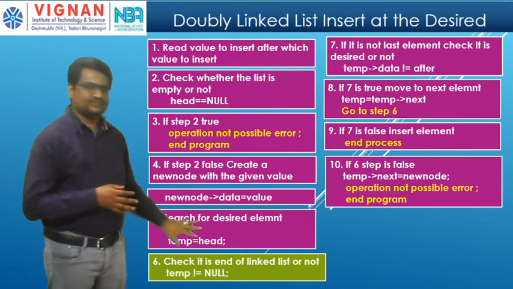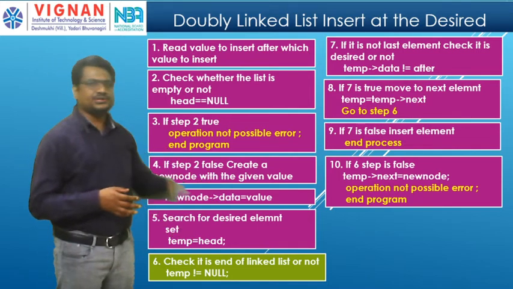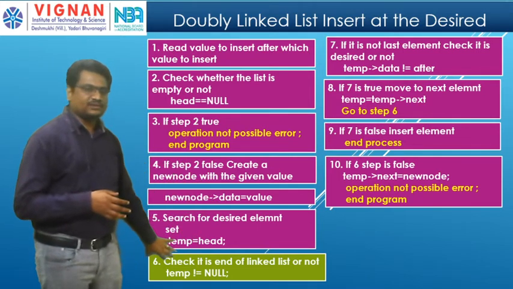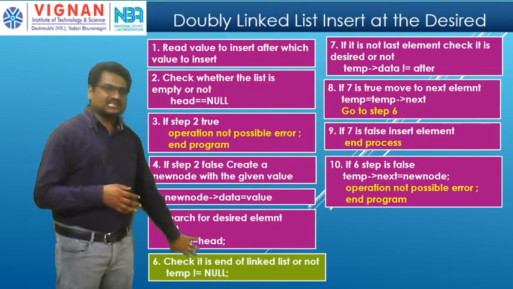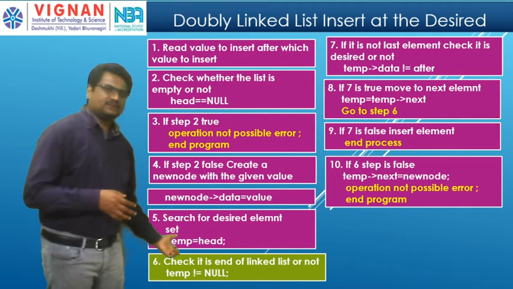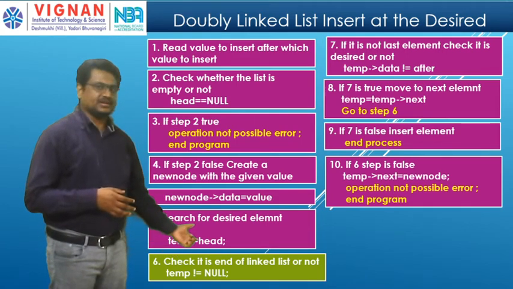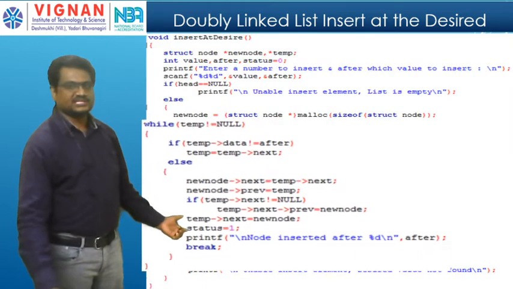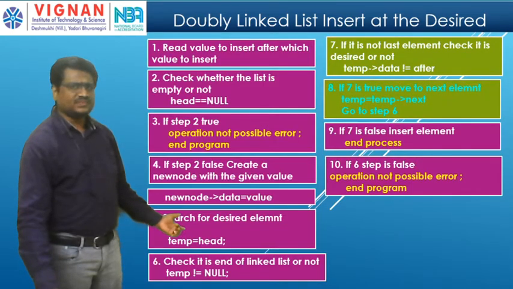Why? Because if this process continues and I don't find the desired element, then I will reach the end. See here, I am checking whether it is the last element or not.